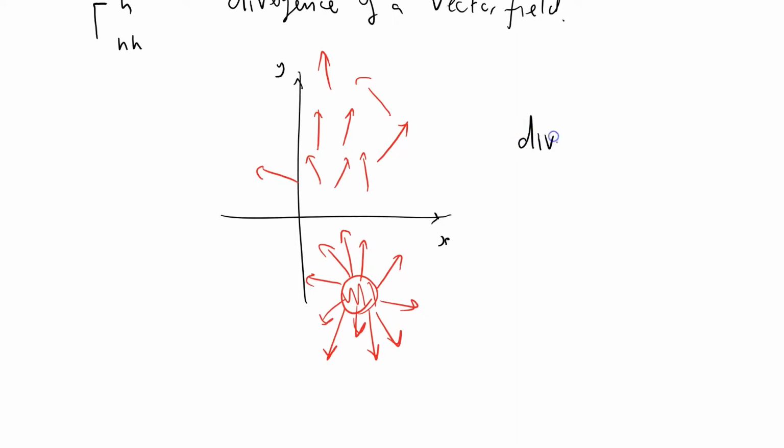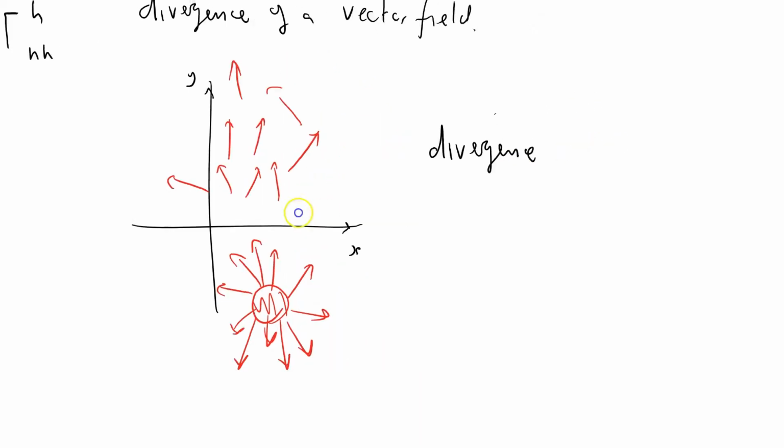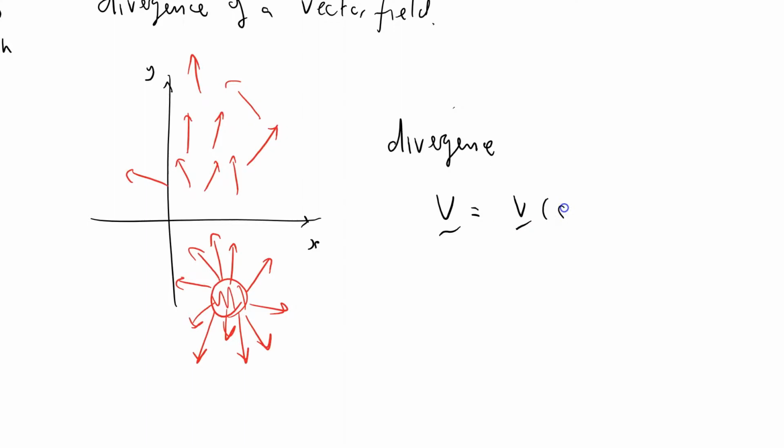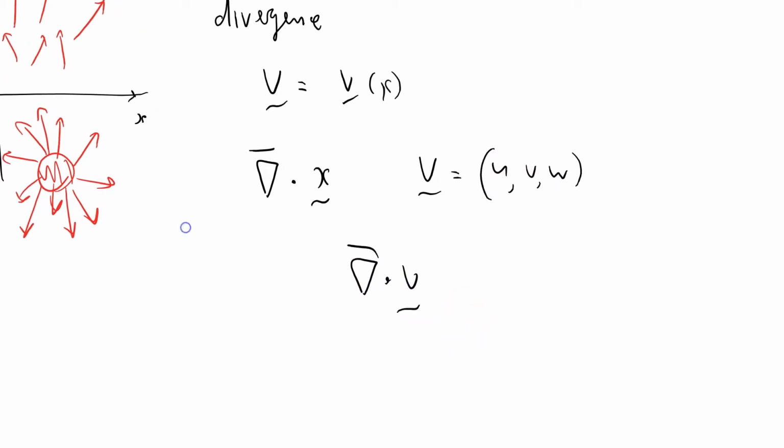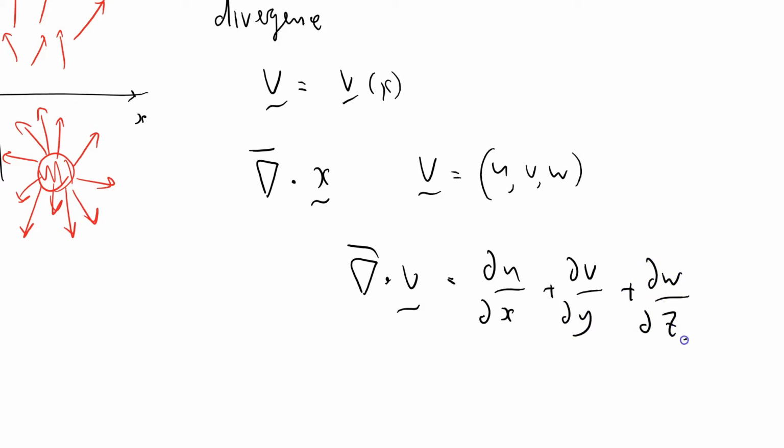So the divergence, if we've got a vector v which equals v of x, from elementary stuff is written like that, and in Cartesian coordinates we've got the vector v equals u, v and w, and the divergence, I normally write it like this because I guess that's old-fashioned, is ∂u/∂x plus ∂v/∂y plus ∂w/∂z.